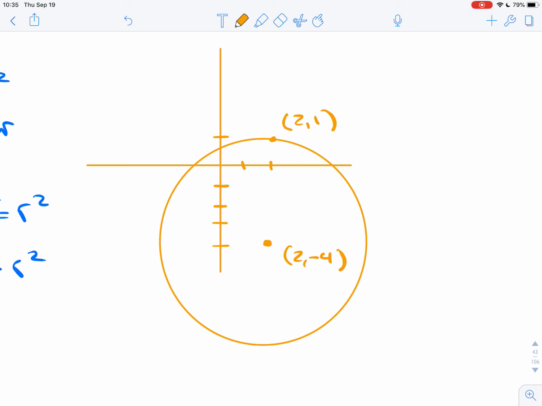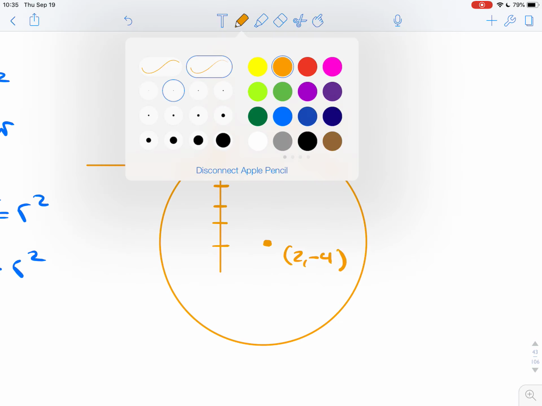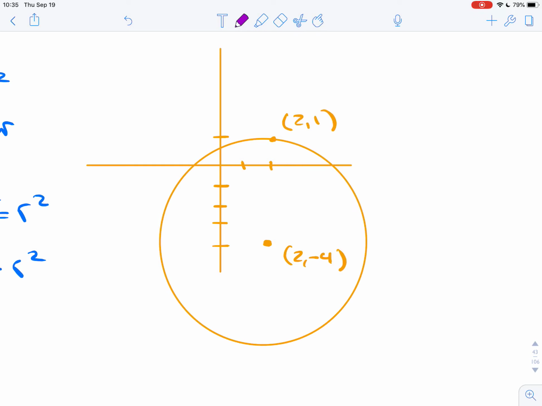And that's quite helpful for us because what we can see here, we don't even have to do Pythagorean theorem, because if we look at it visually, we can see that the x coordinates are lined up, so the radius will just be a straight line. We don't have to do Pythagorean theorem, we can actually just count. So it's the distance between our y's, which gives us a radius of 5.